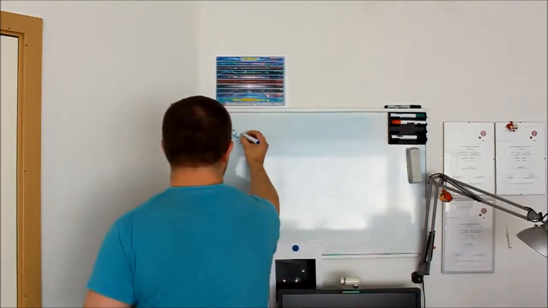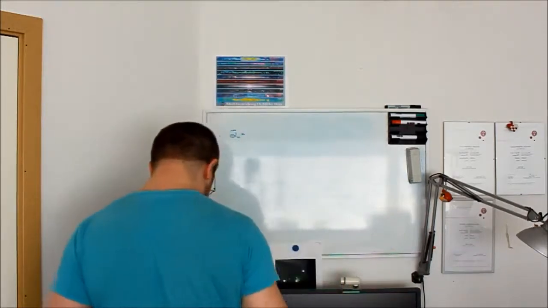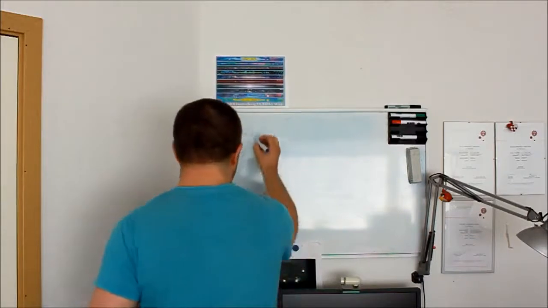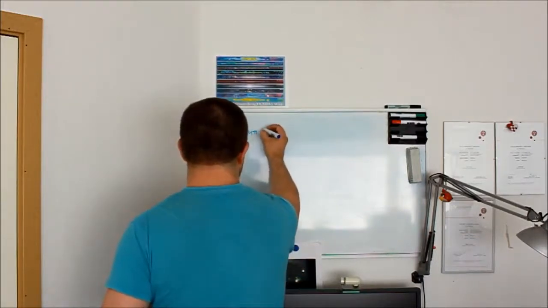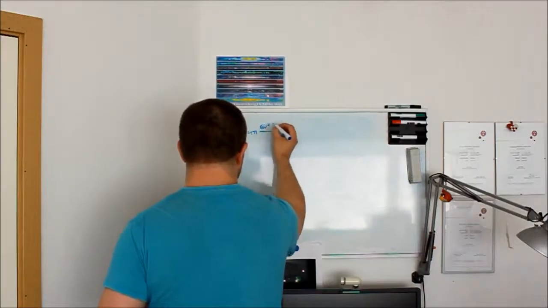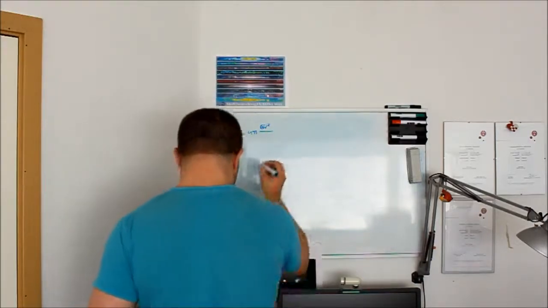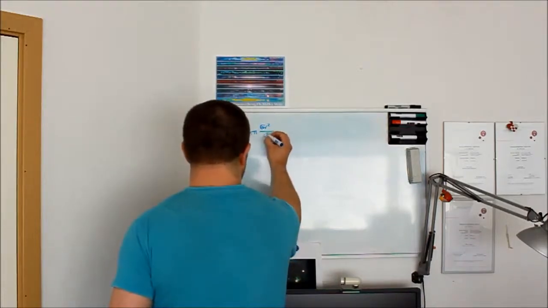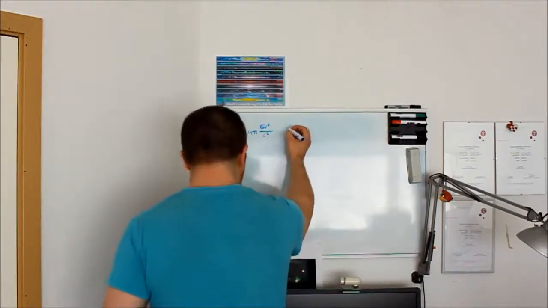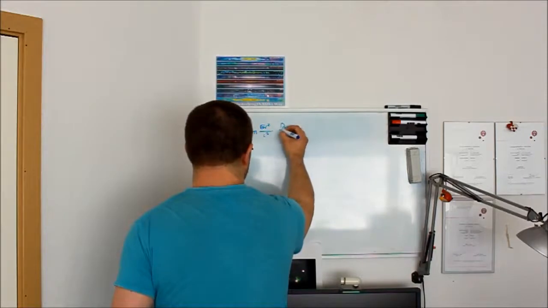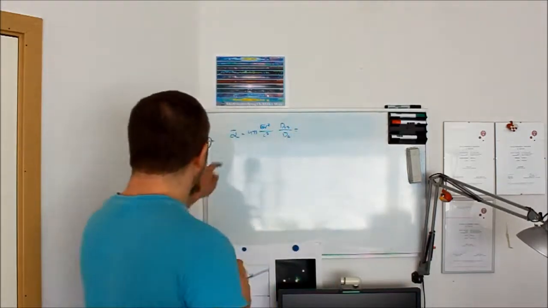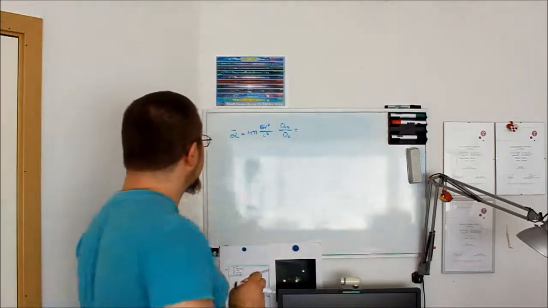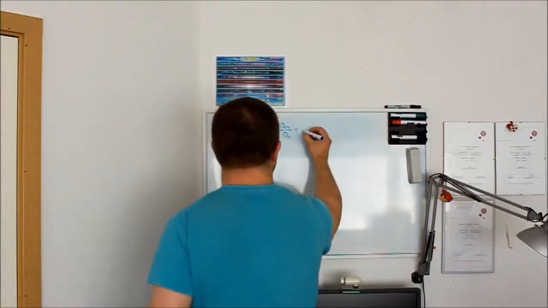Now, alpha is equal to 4 pi sigma V squared over c squared times DLS over ds. And for the single isothermal sphere, this is equal to the Einstein radius.